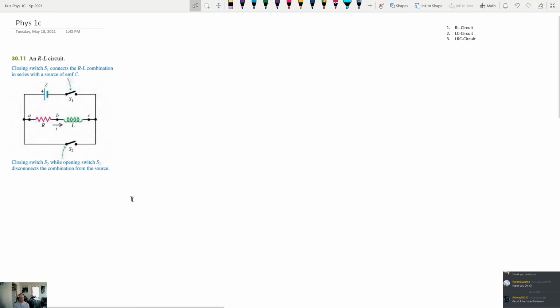Okay, so the first thing we want to talk about is an RL circuit. Just to remind you what we've been doing for the last few weeks, in case you've forgotten, we looked at this thing called an inductor, and in a circuit the inductor basically looks like this. It has an inductance that we call L. L is a measurement of how strongly this coil, because an inductor at the end of the day is basically just a coil of wire, inductance is a measure of how strongly that coil of wire can have magnetic fields induced in it.